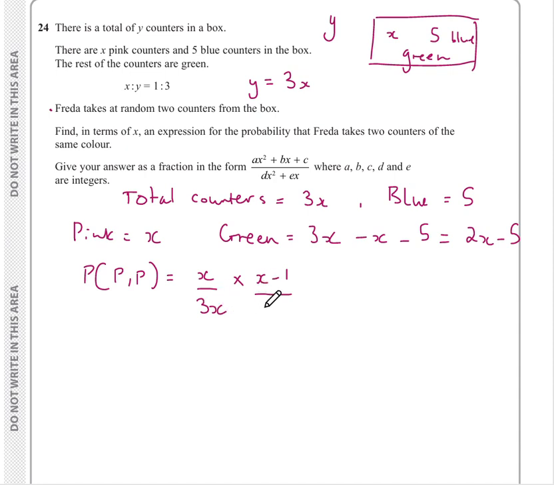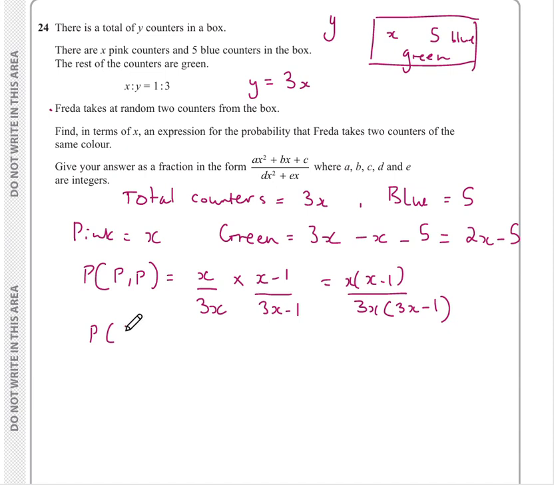But I've also taken one out of the total, so it's going to be 3x minus 1 on the denominator. So I can put that together. It's going to be x times x minus 1 over 3x minus 1.